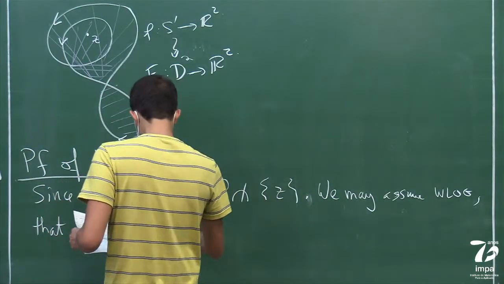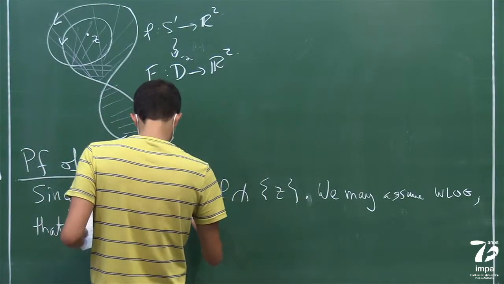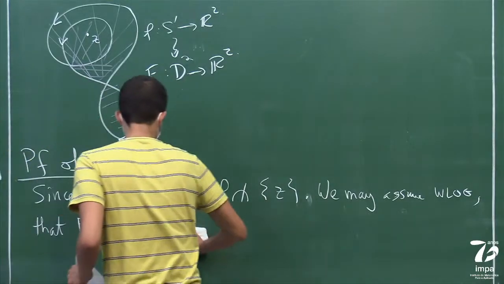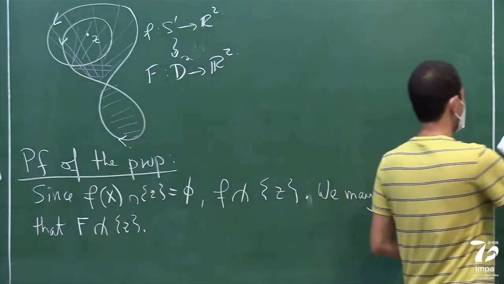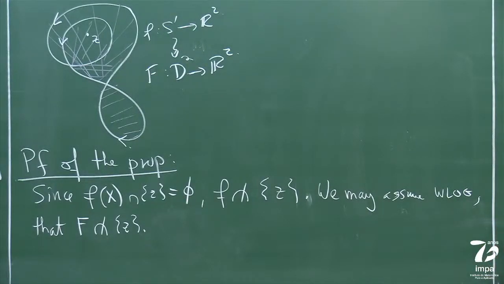So now I have to consider the case when the pre-image is just the empty set.